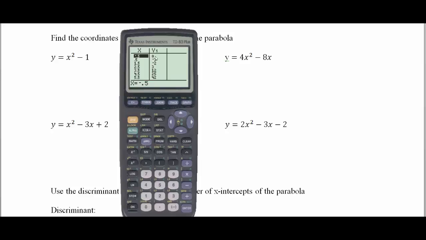Look, negative 0.5 and 0 is an intercept, because it looks like it hit the ground at negative 1/2, and it also hits the ground at 2. So I just tested, using my table setup, at negative 0.5, and my table gave me that answer, that is one of the intercepts. Also, on the other side was 2, so let me change my start to 2 and see if that was also part of my table, and there it is.